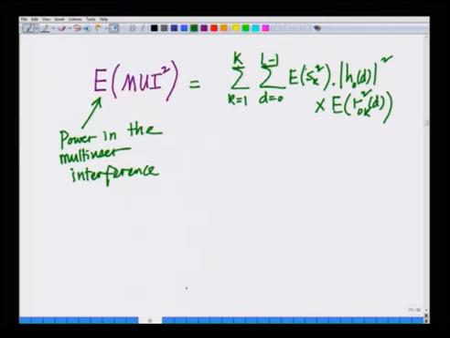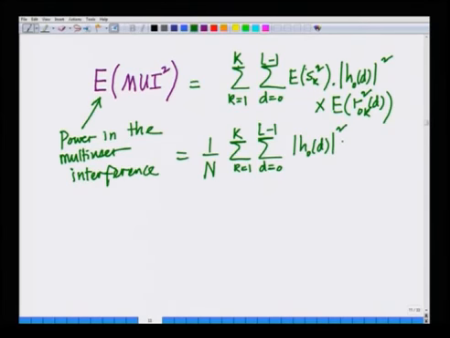This we have seen before. The expected cross-correlation R 0 k between user 0 and the kth user for shifted lag d is nothing but 1 over n. Hence, I will write this as 1 over n, summation k equals 1 to capital K, summation d equals 0 to L minus 1, magnitude H 0 d square into expected S square, which is P k.